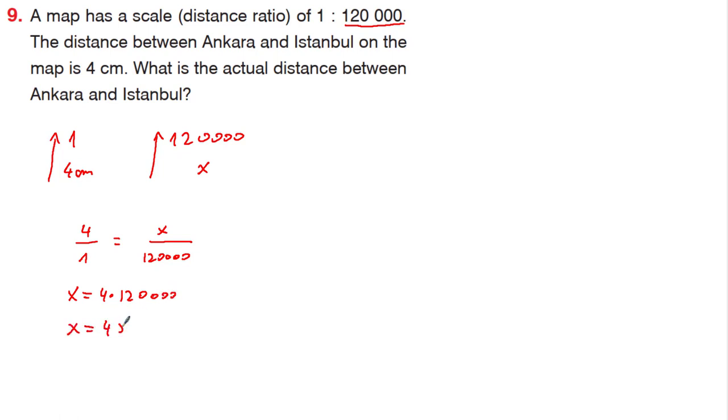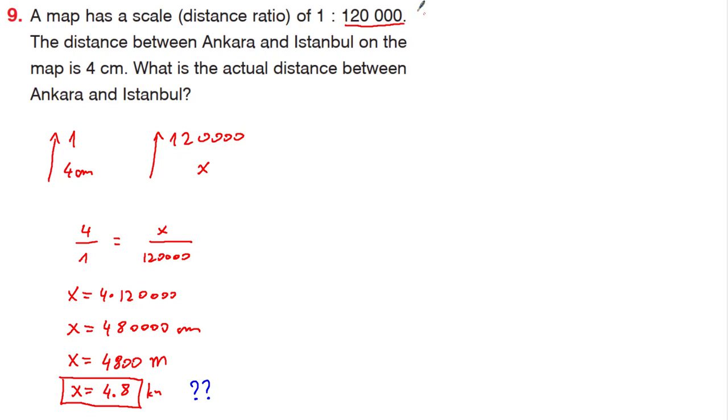So it's 480,000 centimeters. To make a bit more sense, we divide by 100 to convert it into meters. You get 4,800 meters. You divide again to convert it into kilometers, because that's what you're measuring distance between cities. It looks like 4.8 kilometers, but this is questionable.